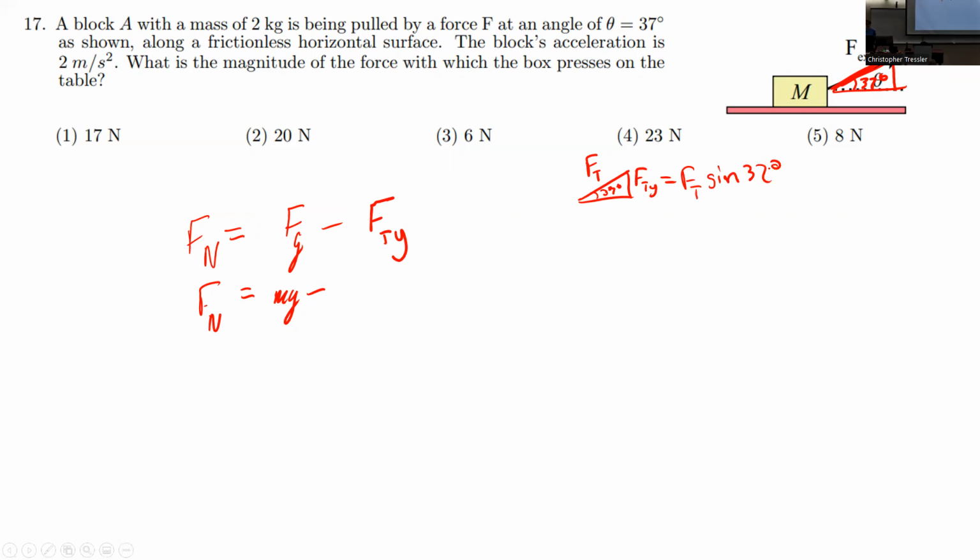So we have mg minus the force of tension times sine of 32 degrees. Did I write 32? It's 37. Yes.